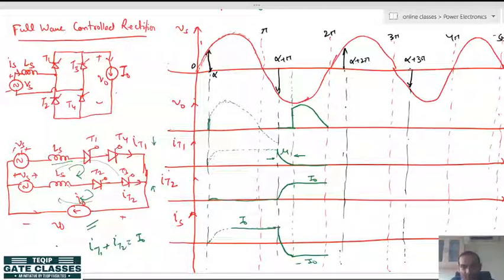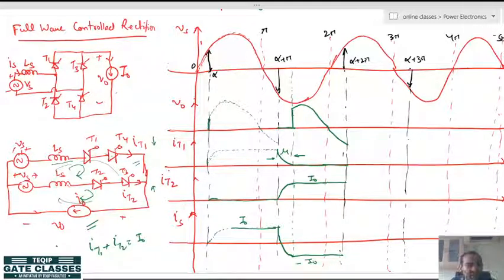And again from 2 pi to 2 pi plus alpha, this thyristor T2 and T3 have to forcibly remain turned on. So, there is no problem drawing like this. Source current will also be negative, but again at pi plus alpha plus 2 pi, T1 and T4 will get gate pulse, and again due to source inductance the current will not immediately commutate or transfer from T2 T3 to T1 T4.